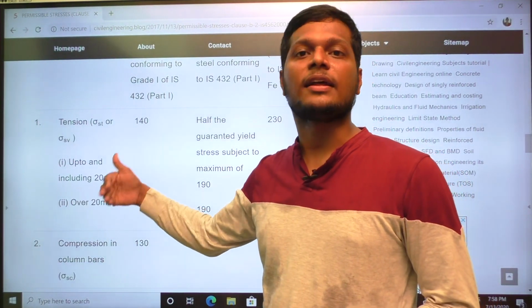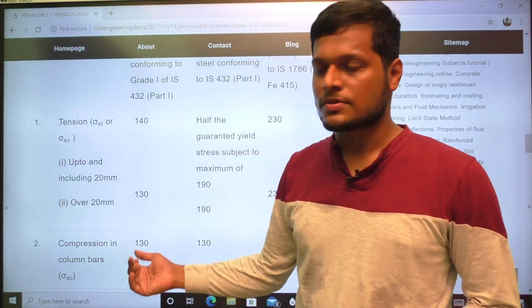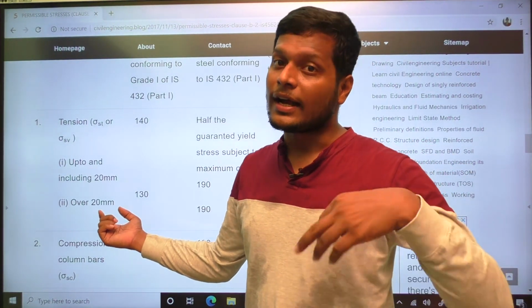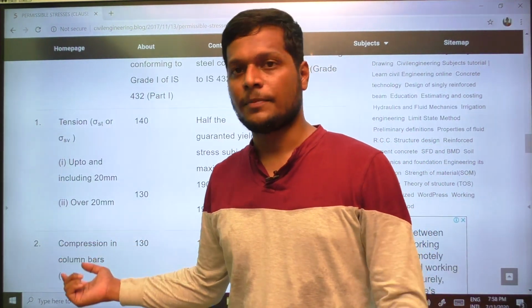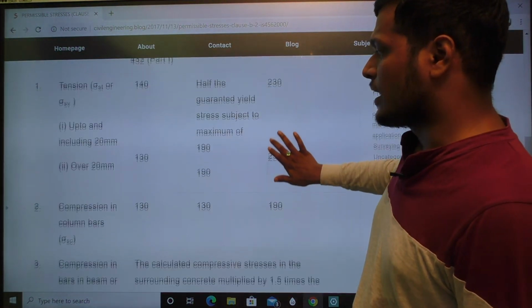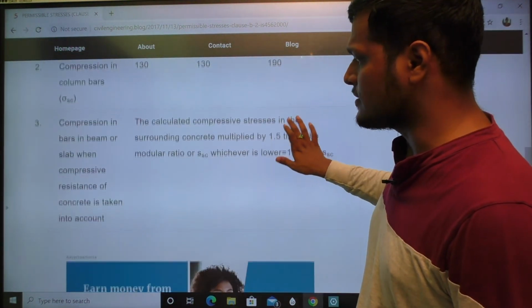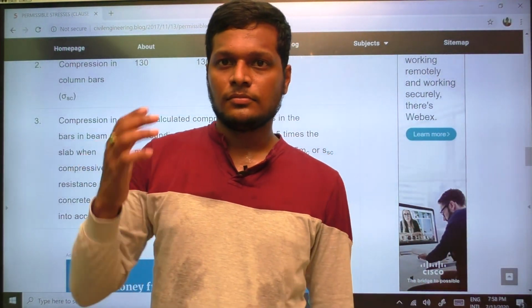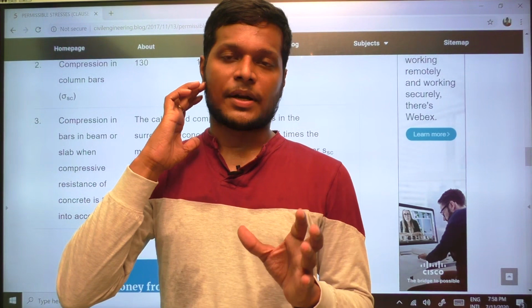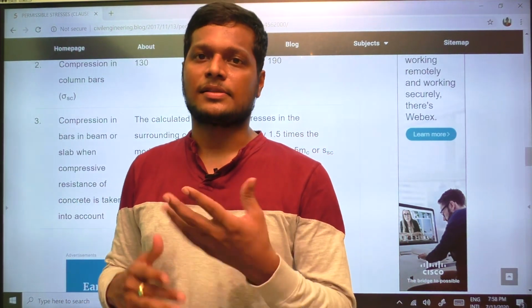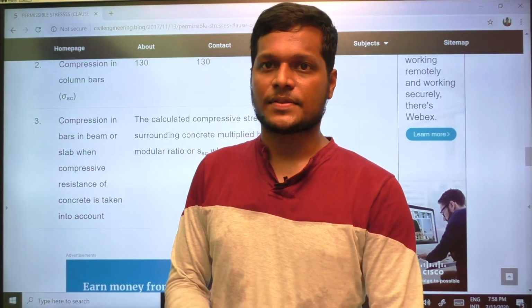If the diameter is more, the strength will reduce to 130. If that is grade 2, again 10% will reduce. Similarly for others also. In the IS code we have a table for this. Students preparing for SSC JE particularly, try to remember this table. Not much important, but as there are a few previous questions, I am saying this. Thank you.